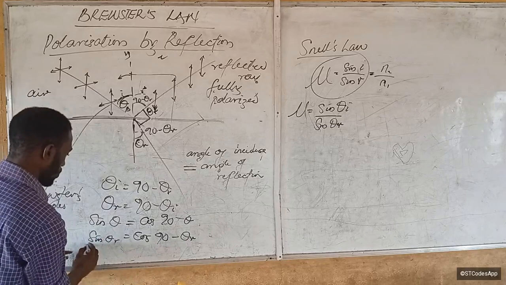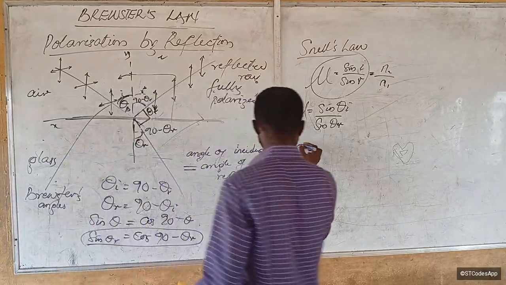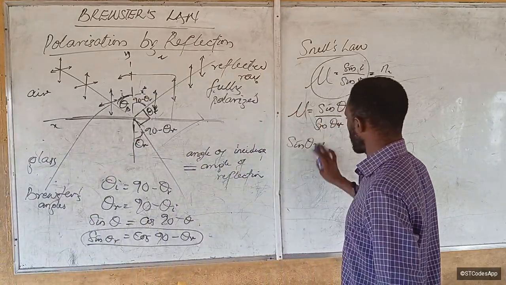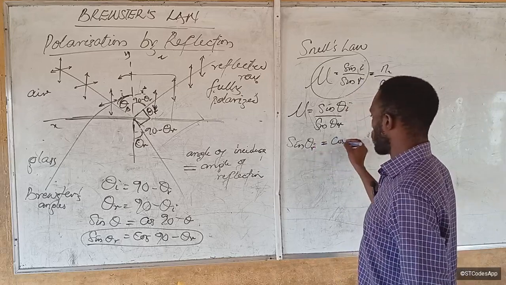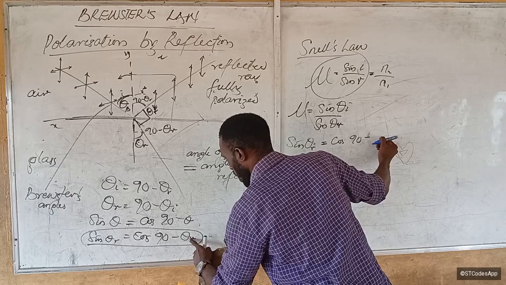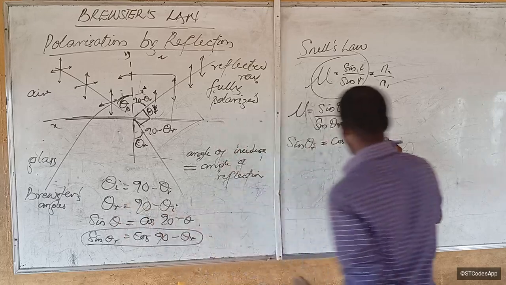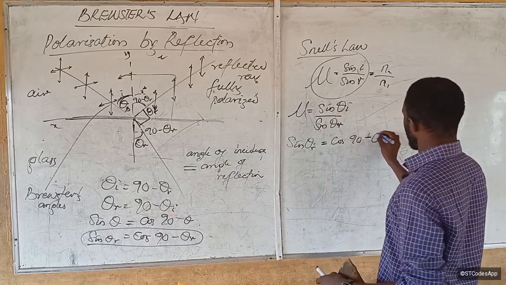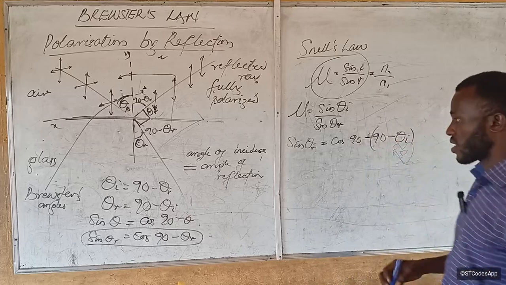Okay? So I can therefore substitute into this equation, if that makes sense to you. So sine theta r will be equal to, keep in mind that this is refraction, cos 90 minus theta r, which is 90 minus theta I. So that will be minus 90 minus theta I, okay?